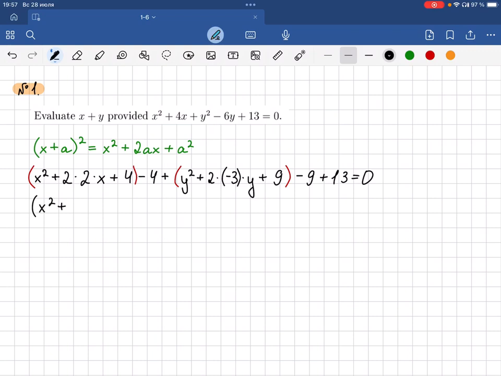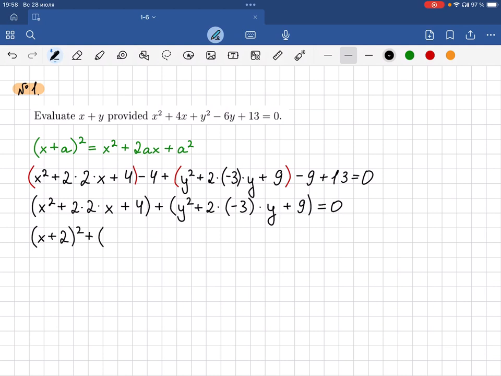So we have x squared plus 2 multiplied by 2x plus 4 plus y squared plus 2 multiplied by minus 3 multiplied by y plus 9 equals 0. Now I can convert it into the sum of two squared sums. A squared sum of x and 2 and a squared sum of y and minus 3.